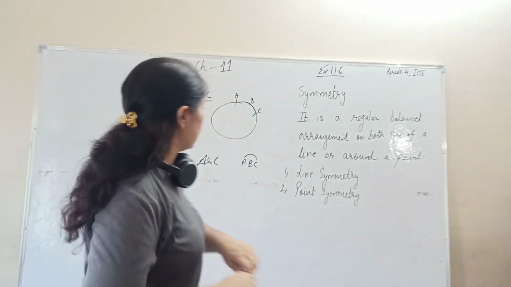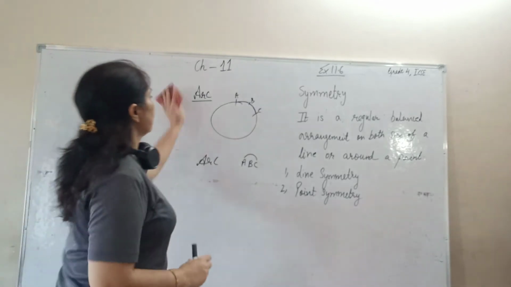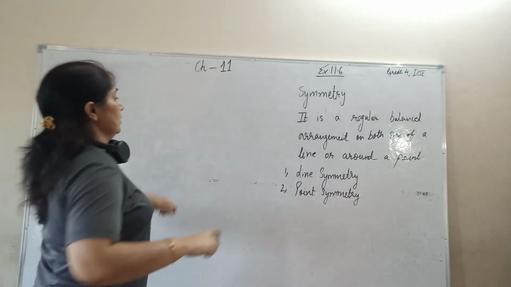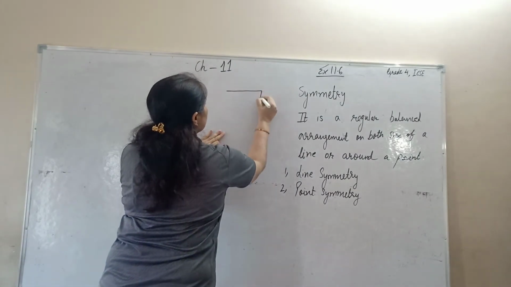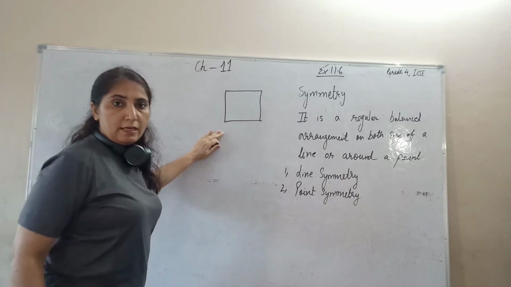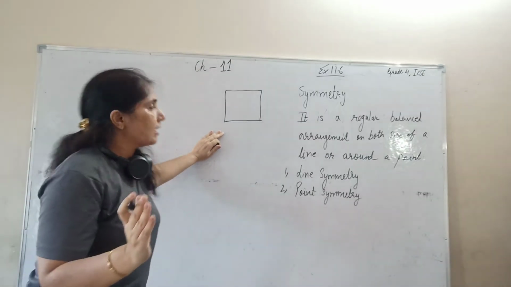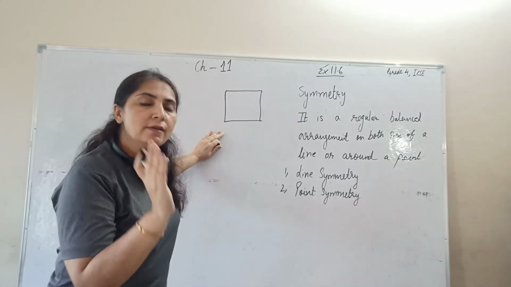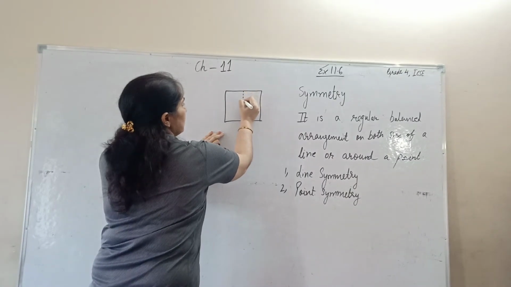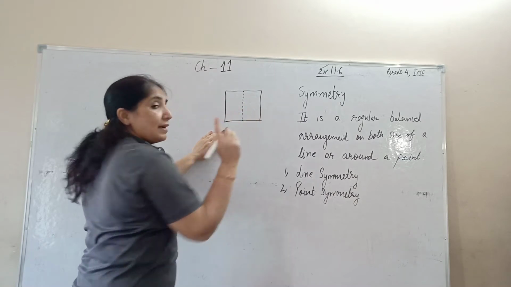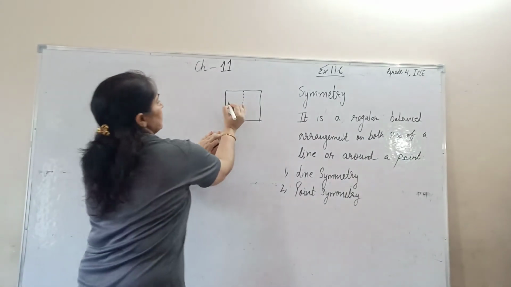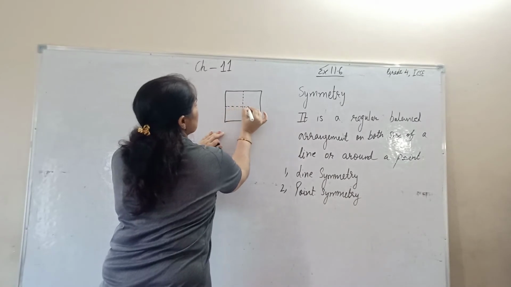So we can conclude that for this square, in how many ways can it be divided in equal parts? This was the first option. First I divided it horizontally, now vertically. This was the second option.